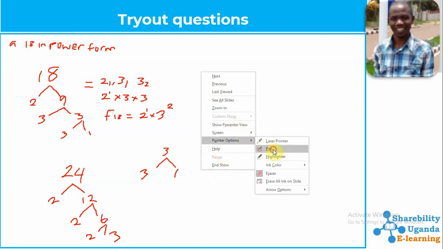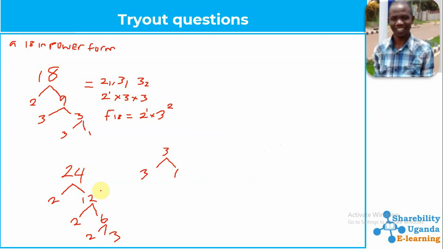So this simply means that for us to represent this in a set notation or subscript form, we shall be able to get our 2, which is 1 time, then our 2 second time, then our 2 third time, then we have our 3. Our 3 is appearing once.